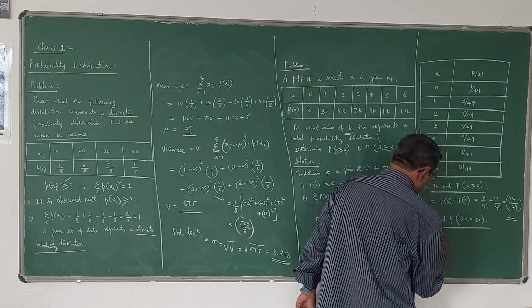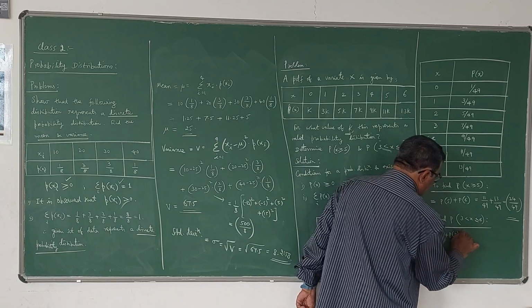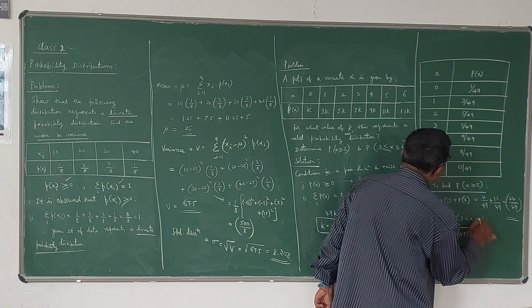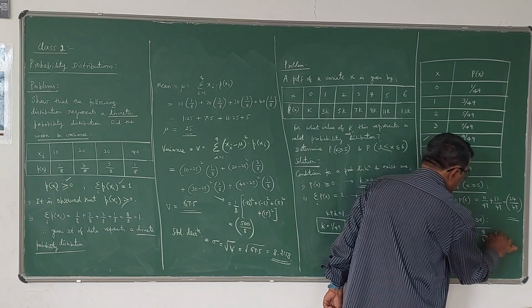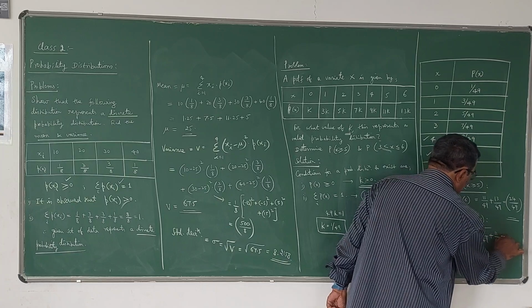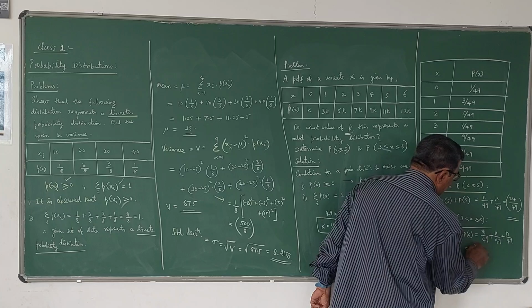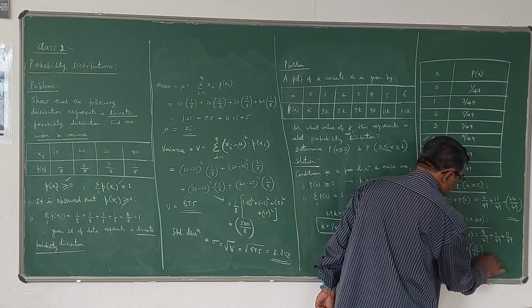So that means it is p of 4 plus p of 5 plus p of 6. So 9 by 49 plus 11 by 49 plus 13 by 49, that is 33 by 49.